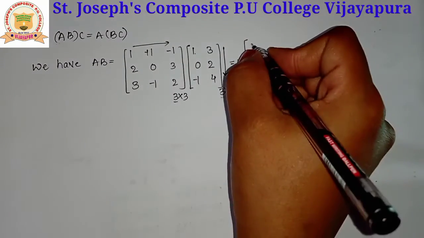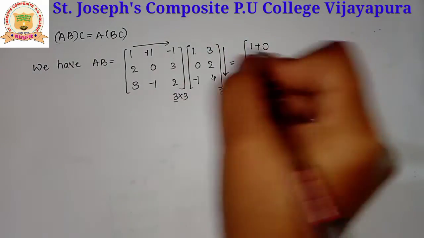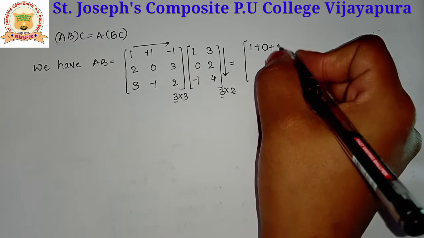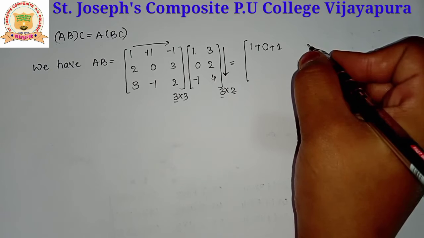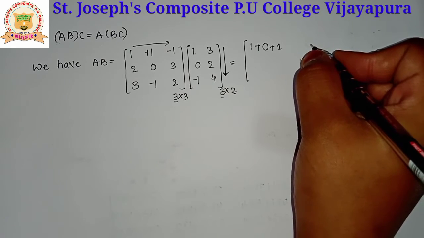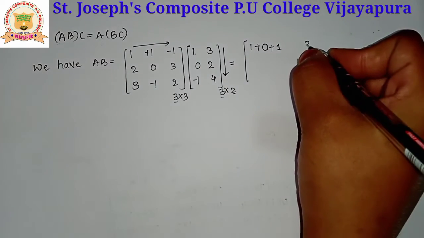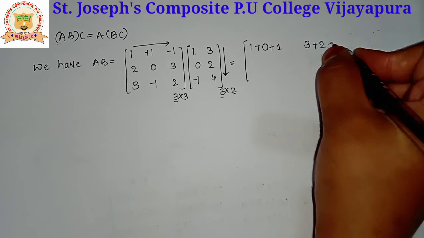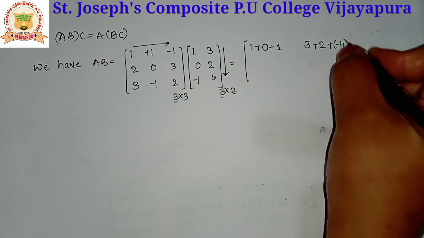1 into 1 plus 1 into 0 is 0 plus minus 1 into minus 1 is plus 1. In the same manner, our next element will be A12, that is first row, second column: 1 into 3 is 3 plus 1 into 2 is 2 plus minus 1 into 4 is minus 4.